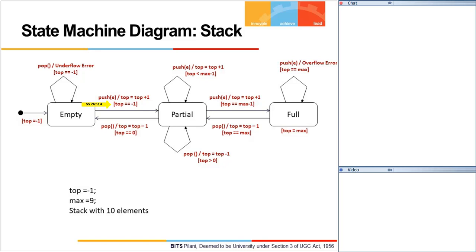right? If my system is empty and a push event occurs and my top is equal to -1, this is because top is actually equal to -1 when my stack is empty. Then what you have to do, follow this transition path, move the system from empty to the partial state and increment top, right? Additionally, you would see here that there is a loop transition.